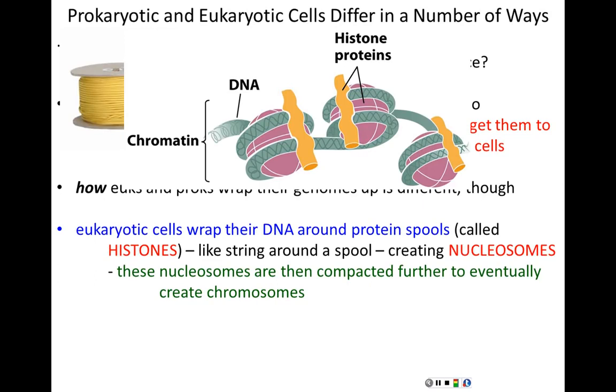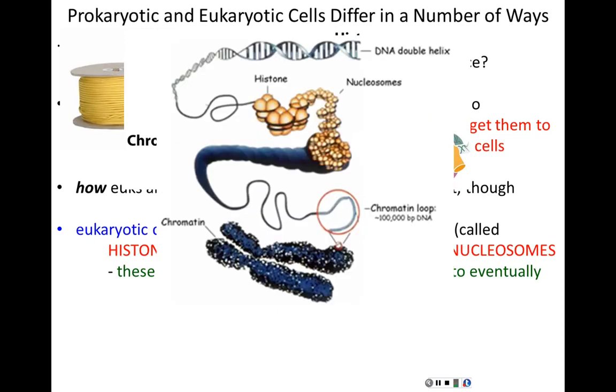Individual nucleosomes are compacted further to eventually create chromosomes. We go through some of the details of this in cell and molecular biology. It's not important for genetics, but this allows us to get from 6 feet of linear, unwrapped, uncompacted, what we refer to as naked DNA, wrapped around histone proteins, further compacted, further wrapped, further compacted, further wrapped, until finally we have all of that DNA wrapped so tightly into the chromosome structure that we're more used to seeing in our textbooks, this structure that we see down here.